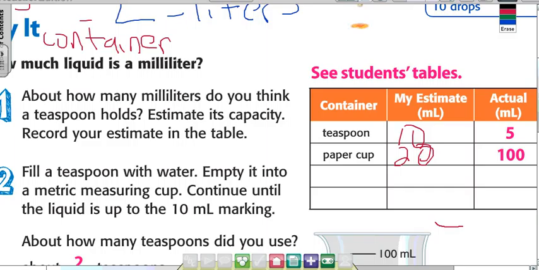A paper cup is actually 100 milliliters. The Coke can, the Pepsi can that I have right here, if it's all full, is 355 milliliters.